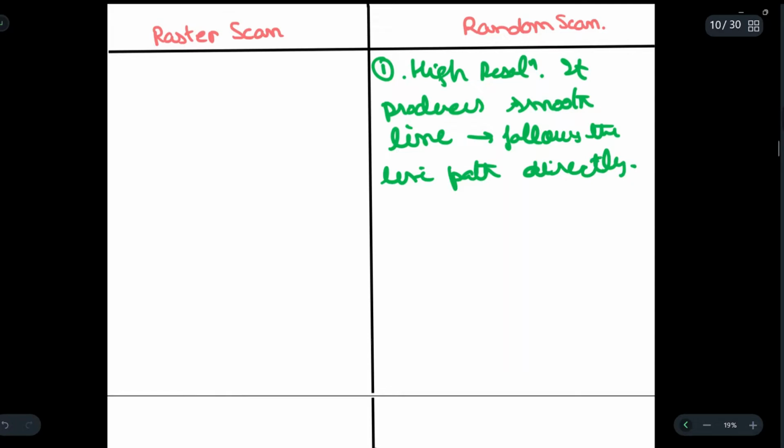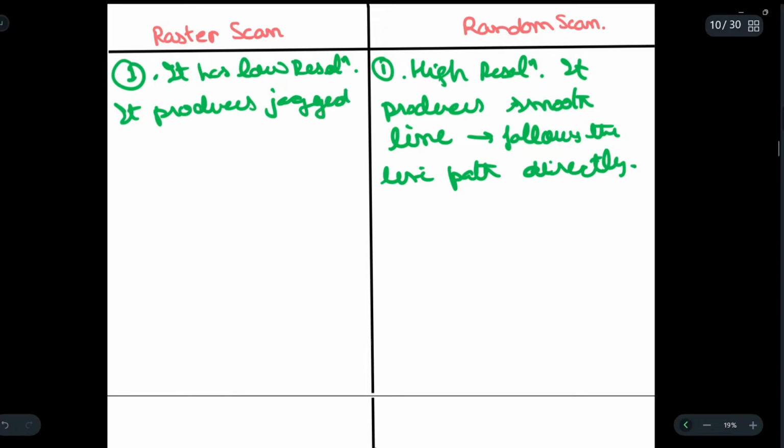Whereas a raster scan has low resolution. Now this is because it produces jagged lines. By jagged lines we mean that we are drawing a line, but instead of a straight smooth line we are drawing discrete points, like this.